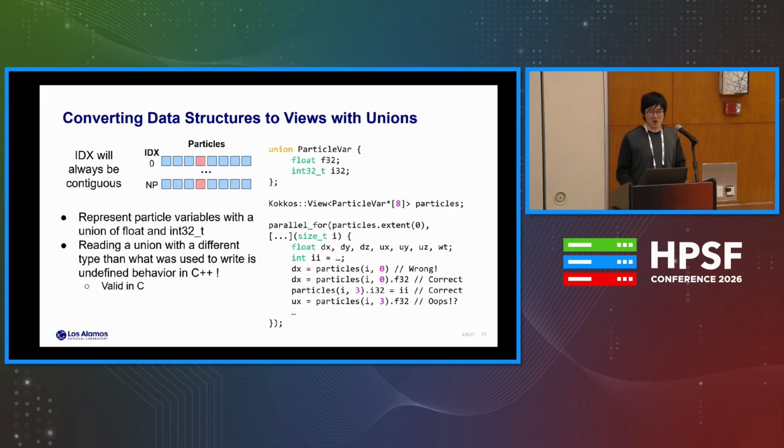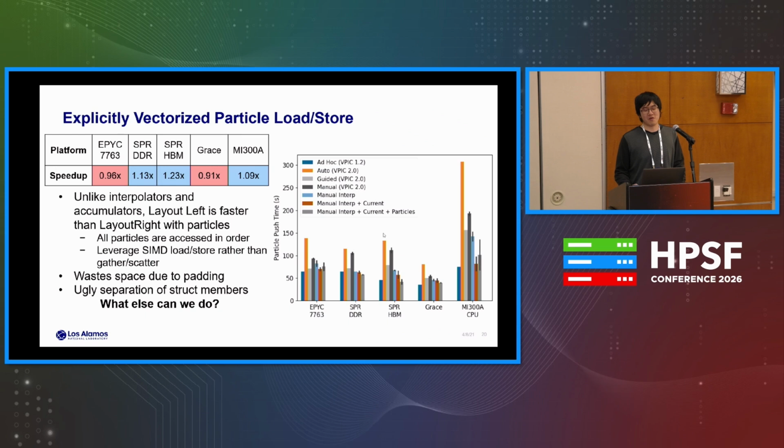It at least works, and we do get good performance still as well. Here, with the particles, is the only case where layout left is actually faster than layout right, and that's because we don't have to worry about random accesses. So it's nicer, but we still have horrible type punning and a landmine, essentially, just sitting there.